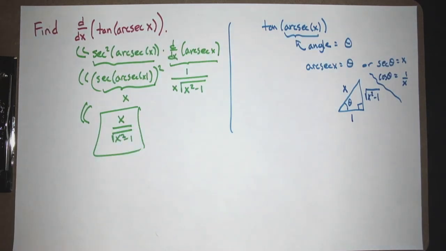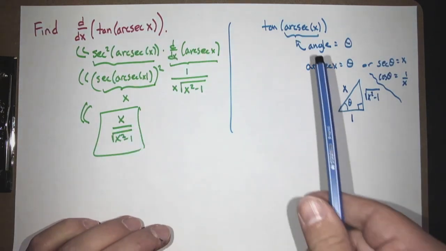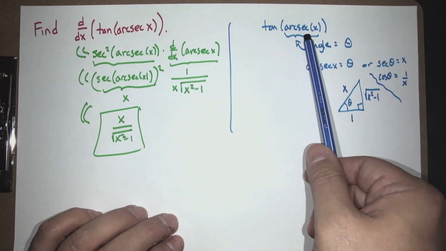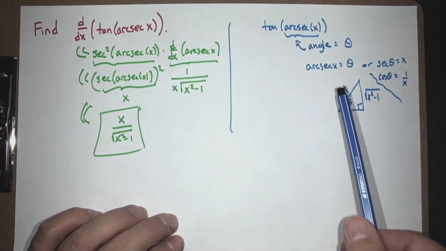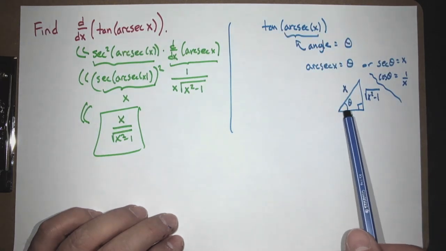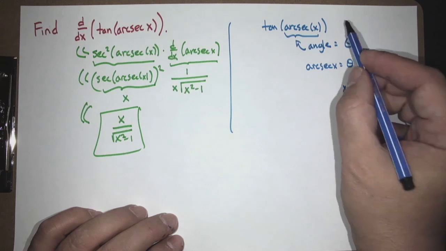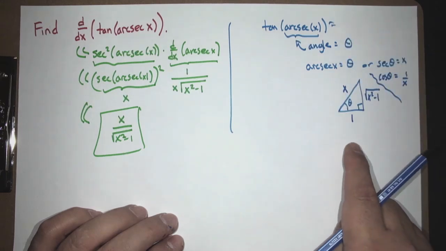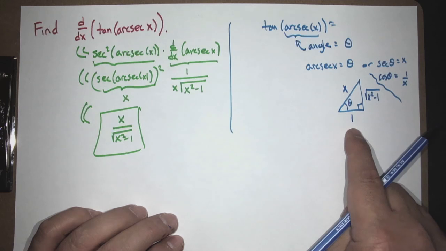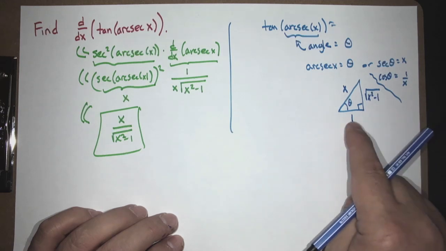All right. Now, what are we interested in? We're interested in tangent of arcsecant. Well, that's tangent of theta. How do you find tangent of theta? Again, SOHCAHTOA yourself. Opposite over adjacent.